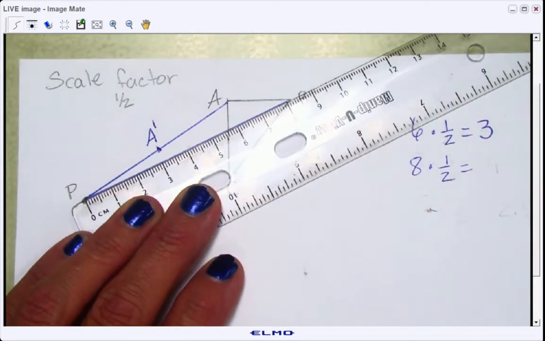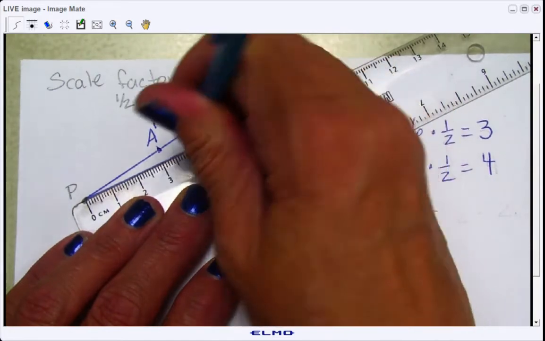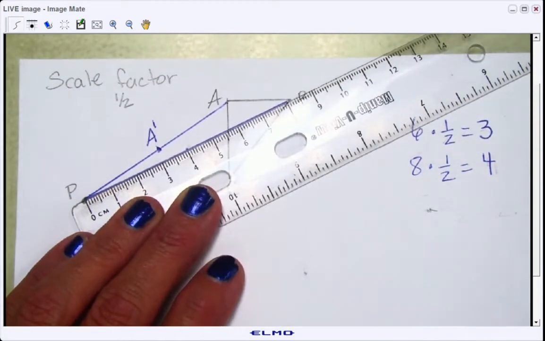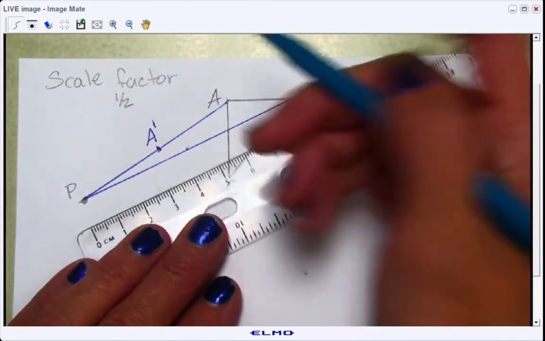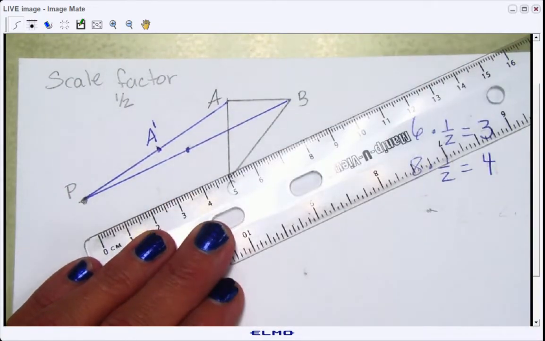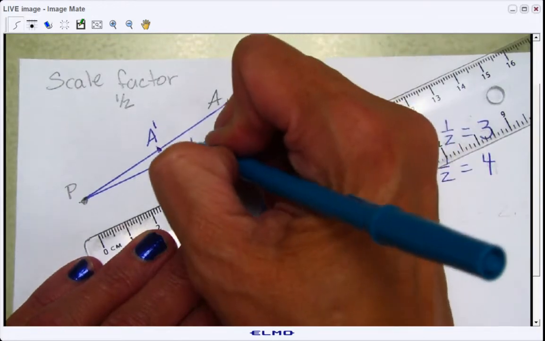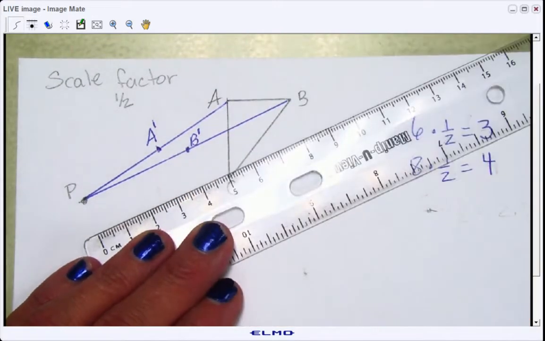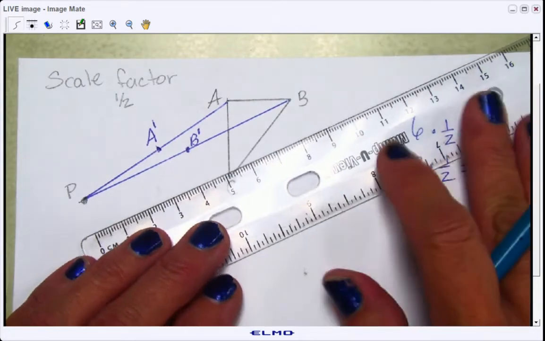So 8 divided by 2 would be 4. So I need to measure 4 on that. Well, it's right about there, but I don't want to put it above the line. I want to put it actually on the line. So I'm going to draw it on the line, and I'm going to call that B prime because we're trying to find our image, so we need to put our primes.